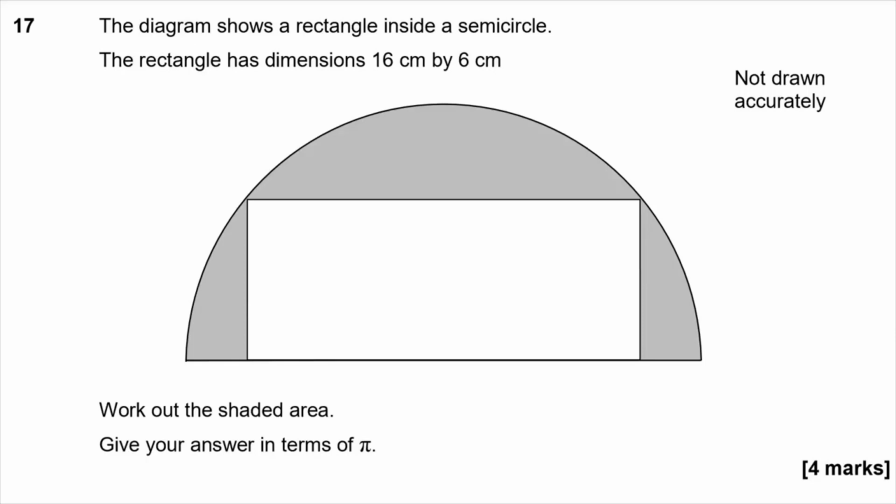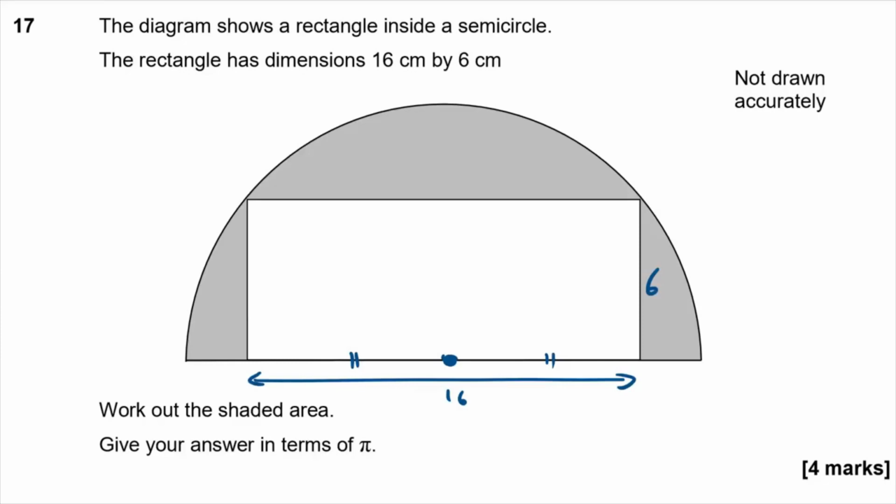So we know the dimensions of the rectangle. It's 6, and from here to here is going to be 16. Now the center of the circle, of which the semicircle is half, is going to be here, halfway between there and there.